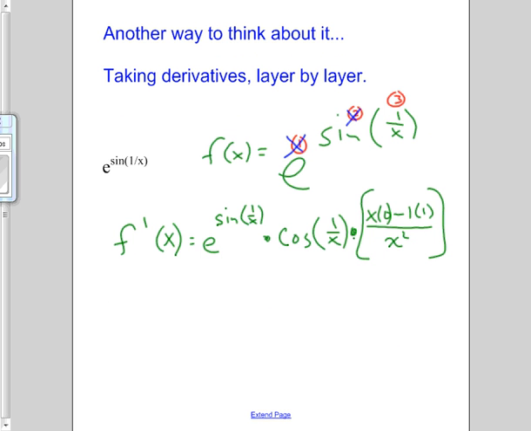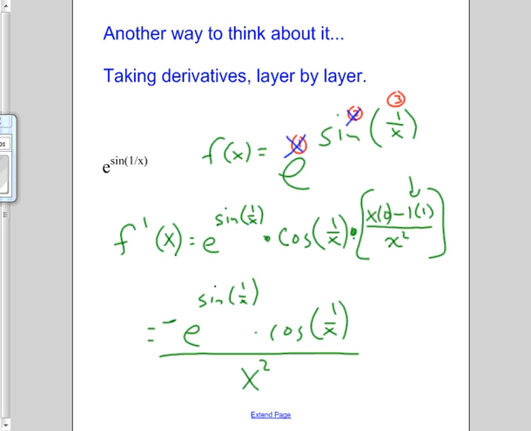And when we simplify this, we get e to the sine of 1 over x times cosine of 1 over x. And then there's a minus sign from that, so minus all over x squared. Pretty cool.